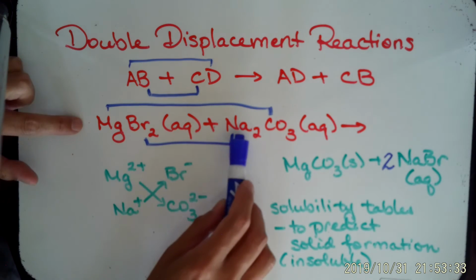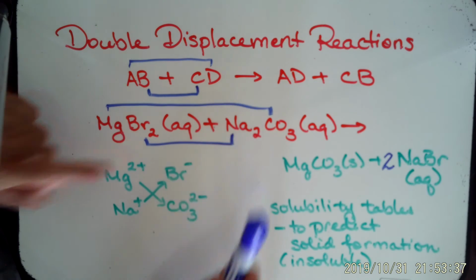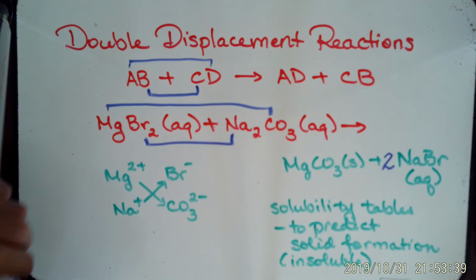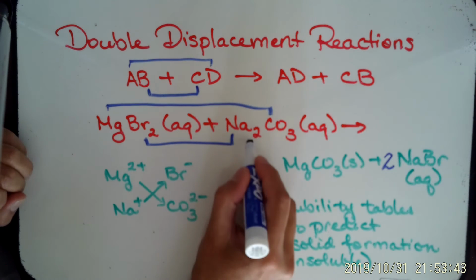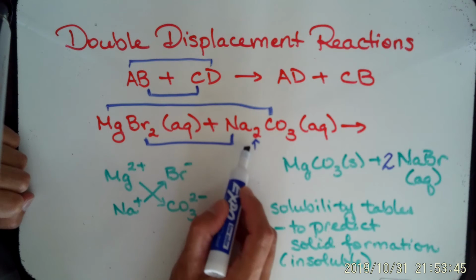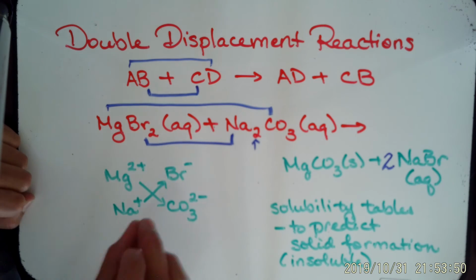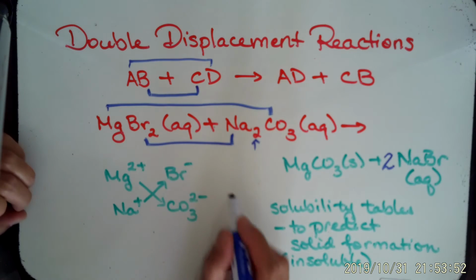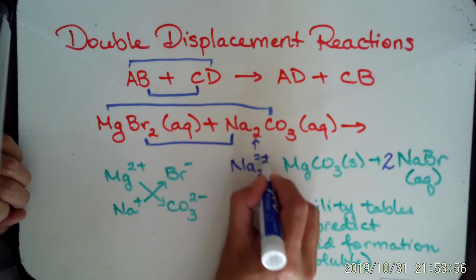So you can do outer, magnesium to the carbonate, sodium to the bromine, or inner. But be aware, the reason I put the ions down is that even though there's a subscript here, this is just to tell you the number of sodium ions that you need to make a neutral compound. So there is no such thing as Na2 2+.